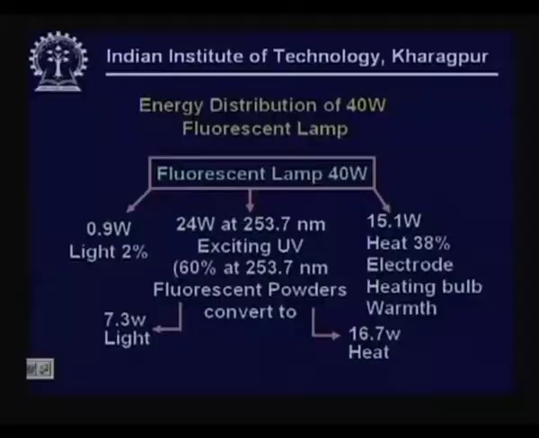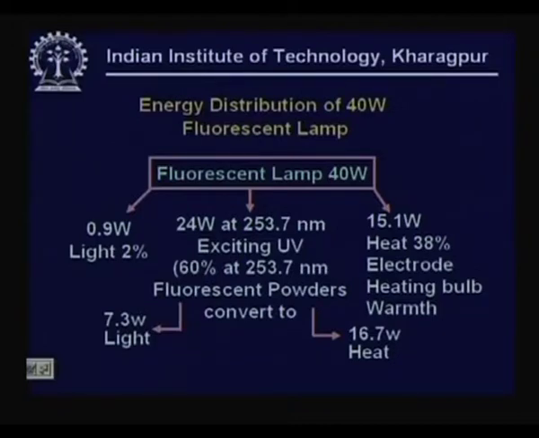Now, of these 24 watts, around 16 watts still, what happens to this 24 watts of UV light? It is converted into visible radiation, and there is an associated heat evolution, which can be split as 7.3 watts of light, that is through the process of fluorescence.